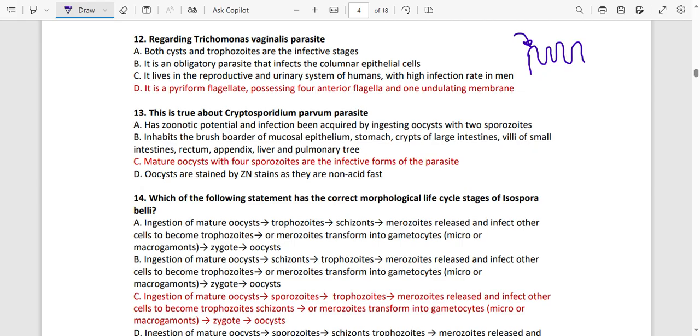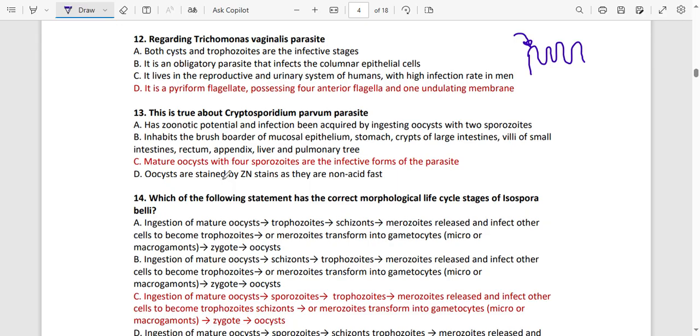So you see most of the GIT, including the appendix, from the stomach to the large intestines, also the rectum and the pulmonary tree, except it doesn't go to the liver. So that's why we are removing option B, because it's also including the liver.